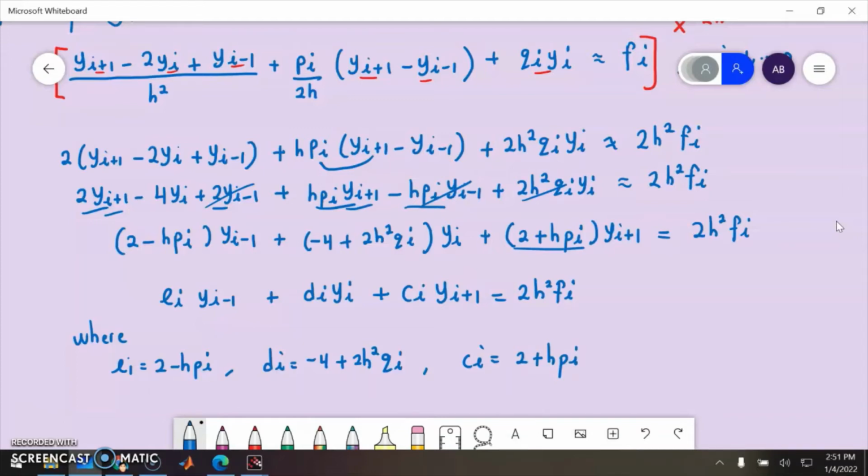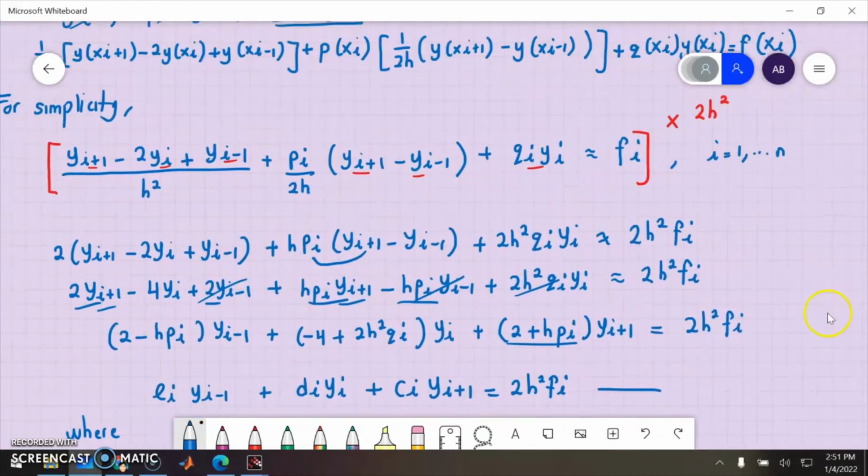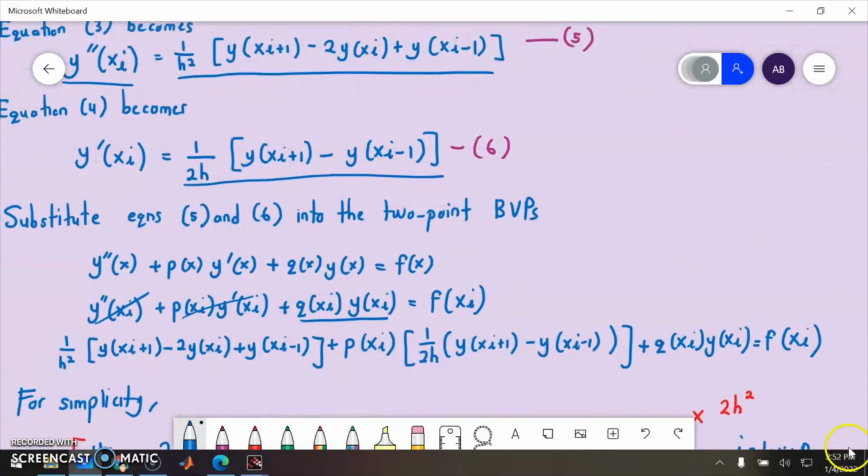So we can see that now we can solve this. We'll call this equation number 7.